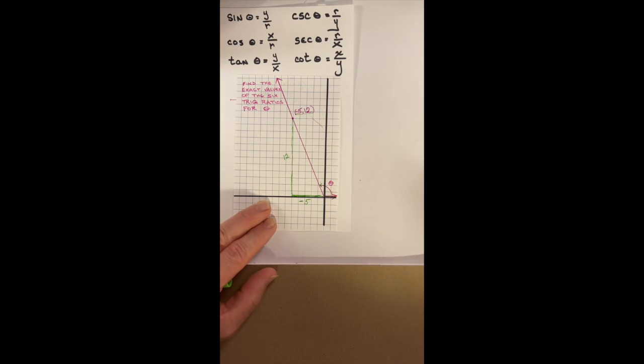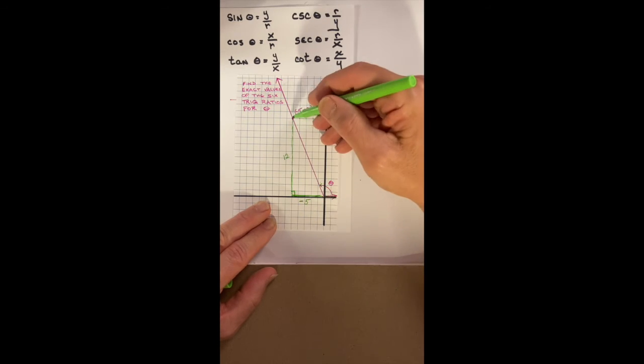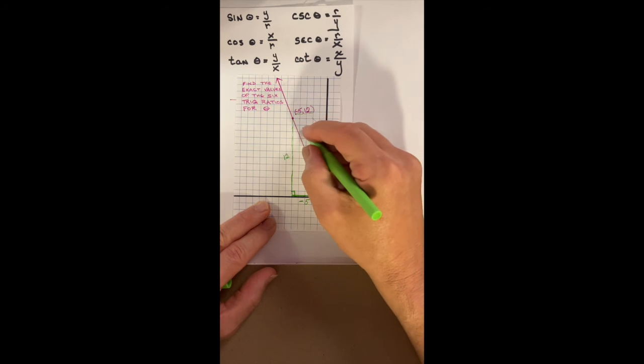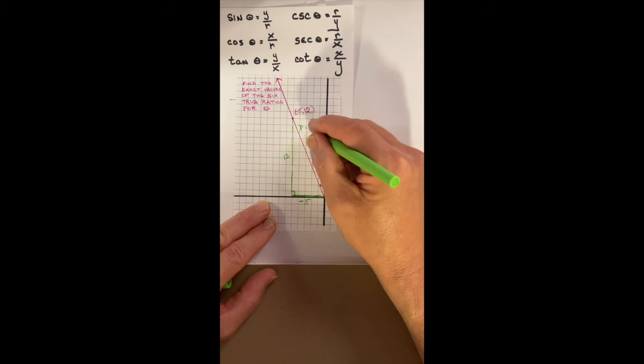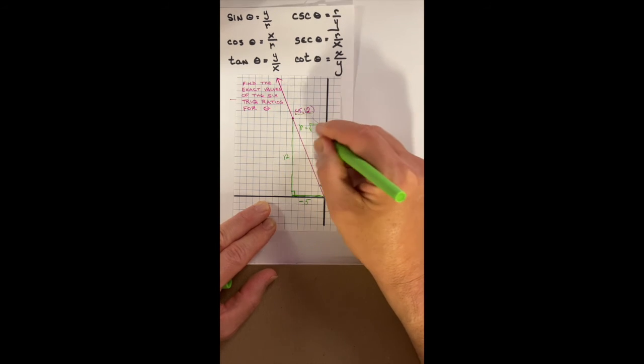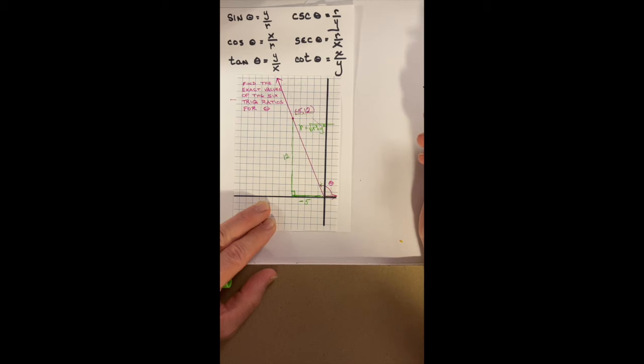So -5, 12. Since this is a right triangle, this distance right here, which would be the radius, is equal to the square root of x squared plus y squared. That's the Pythagorean theorem.